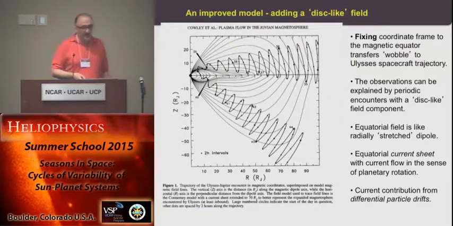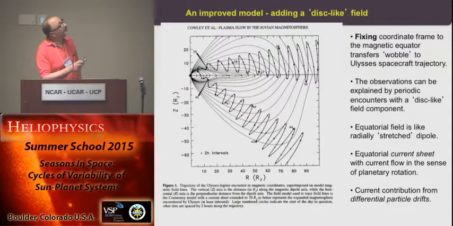An improved model comes from, for example, this paper by Cowley et al., who analysed magnetic field data from the Ulysses-Jupiter encounter, and they were able to interpret a lot of the observations they studied from a field model that's illustrated in this rather scary-looking diagram here.